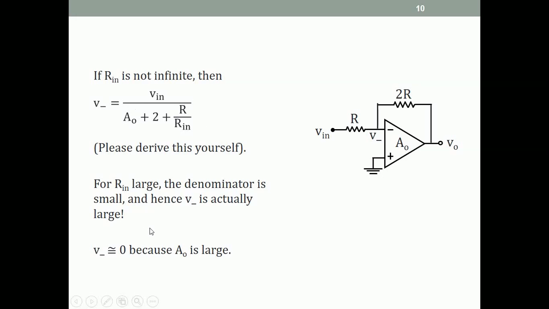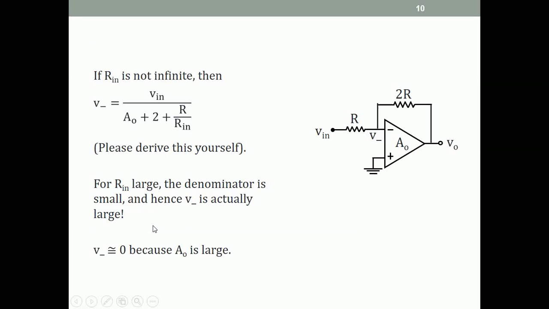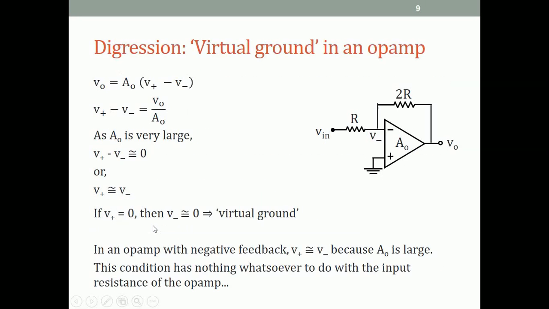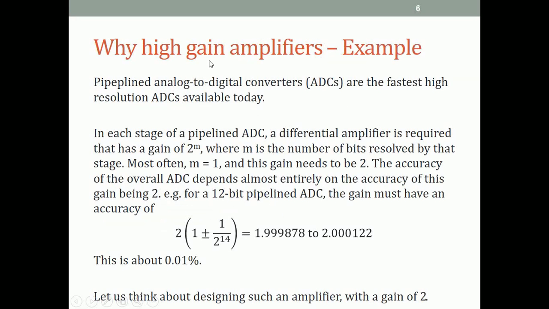Alright, so that was a digression. Let us go back to what we were saying. We want to build, for a pipeline ADC, an amplifier that has a gain very, very close to 2.